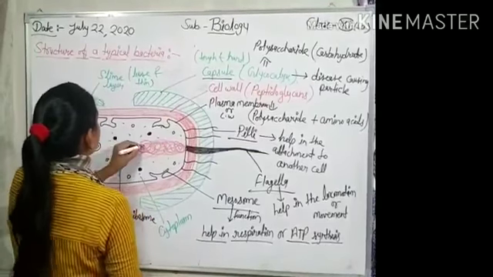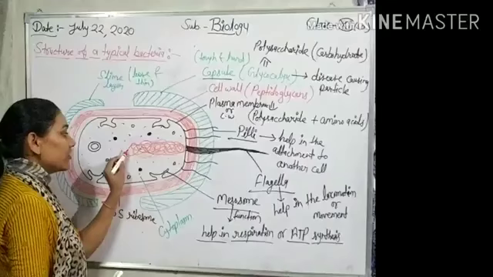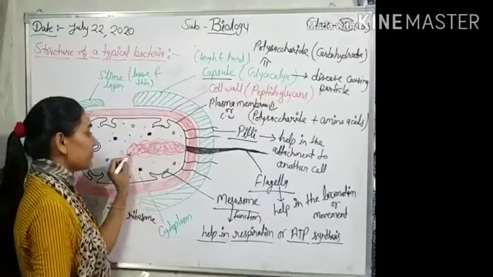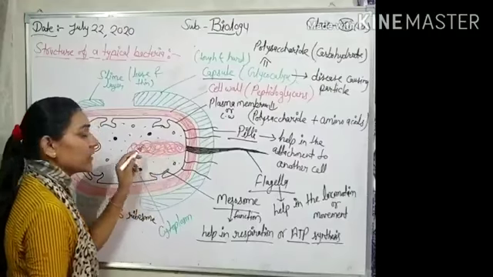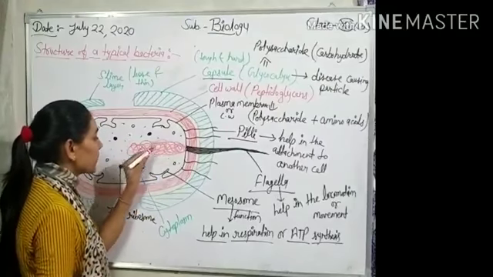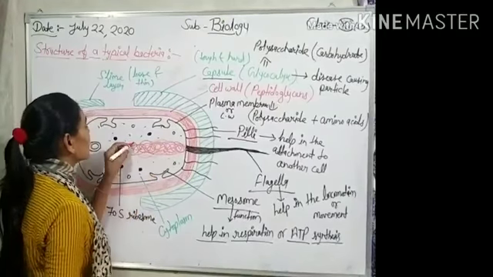Genetic material is without a membrane, not surrounded by a membrane. So it is a naked nucleus, and double-stranded circular DNA is present.